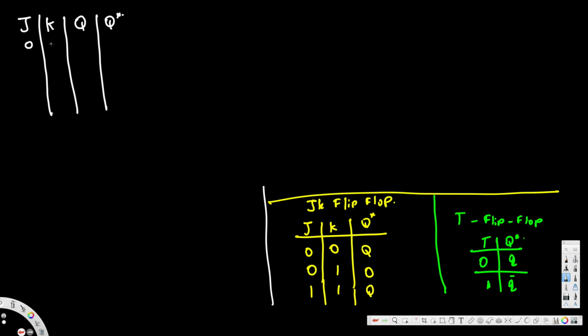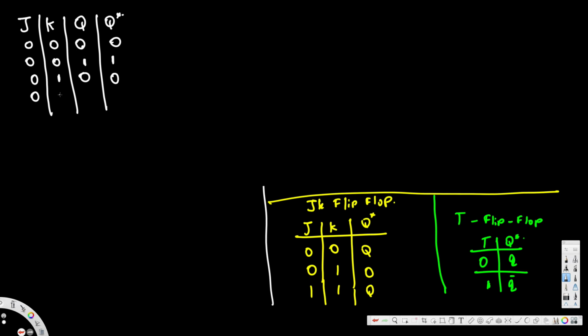When J is 0, K is 0, Q is 0, Q asterisk is also 0. When J is 0, K is 0, Q is 1, Q asterisk is 1. When J is 0, K is 1, Q is 0, Q asterisk is also 0.